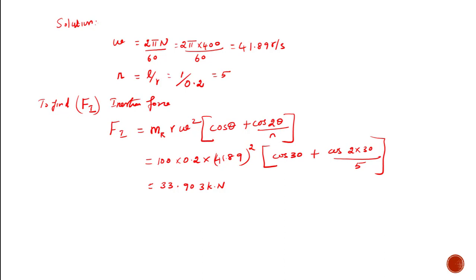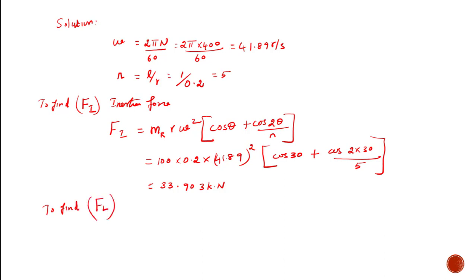If you want to find out the piston effort, before that we must know the force which is acting on the piston due to gas pressure. If you know this value, then only we can find out the net load on the piston, that is piston effort. So let us find out the gas load.